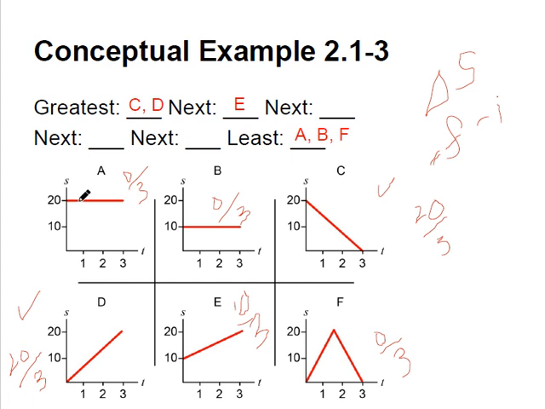This is 0 because it changes 20 minus 20, 10 minus 10. The change is 20 minus 0. This is 0 minus 20, and then 10 minus 20 is minus 10. Minus and plus are direction, they're not value, so you don't have to worry about that. So put this in and you get these values and you compare them. So we're gonna rank it. This is the highest, second greatest, and zeros are your least average velocity.